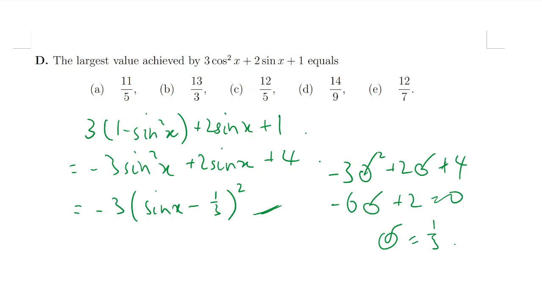Then you sub 1/3 into the original expression and find out what it is. Word of warning though: if this apple was, for example, 4/3 today, then you've got to be careful, because sin x cannot be 4/3. 4/3 is unattainable. If you get a value which is unattainable, you've got to think carefully.